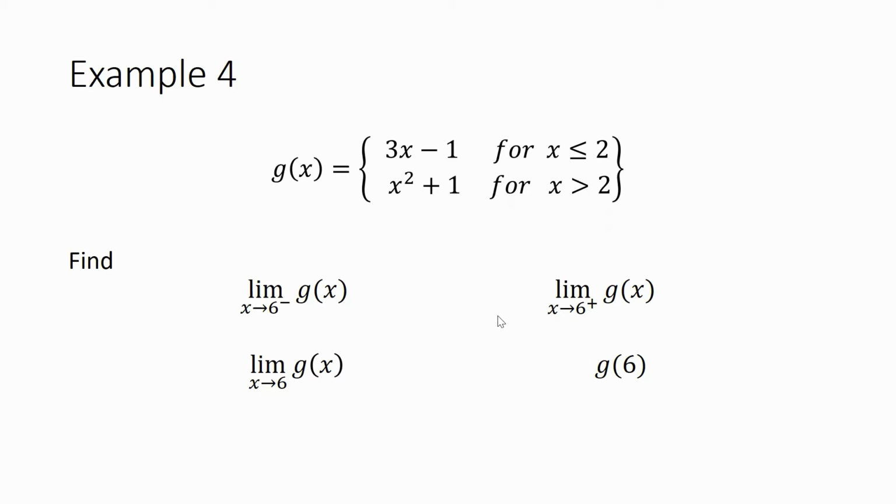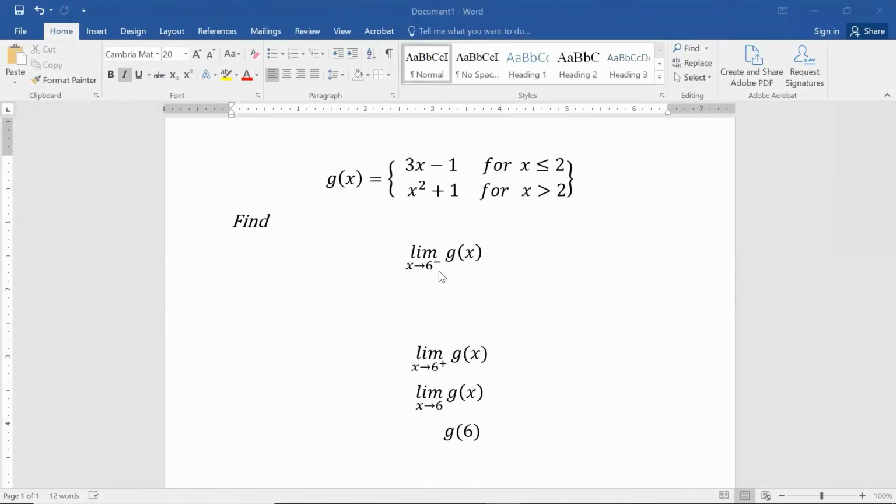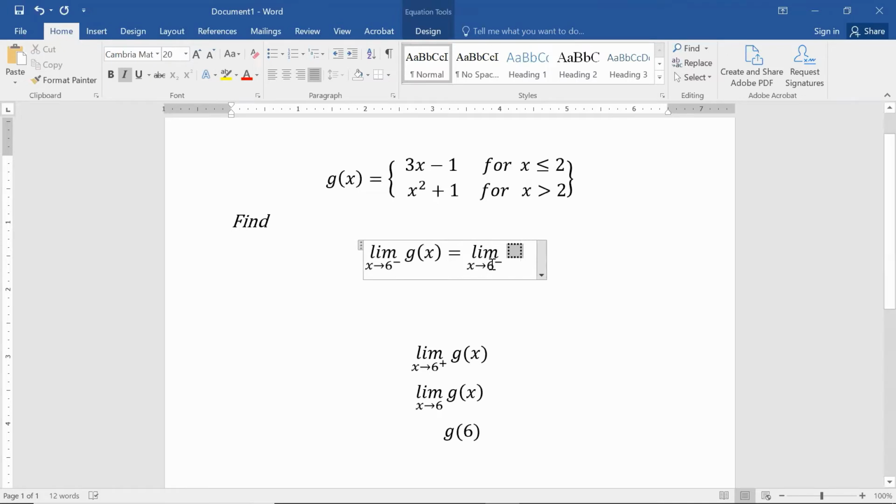So let's think about this and how we would go about doing this. All right, so let's do the left-hand limit as x approaches 6 of g of x. We'll take that first. Now, this is going to be easier than you think. When we're around 6, if we're going from the left, although it doesn't matter, then we're really close to 6.